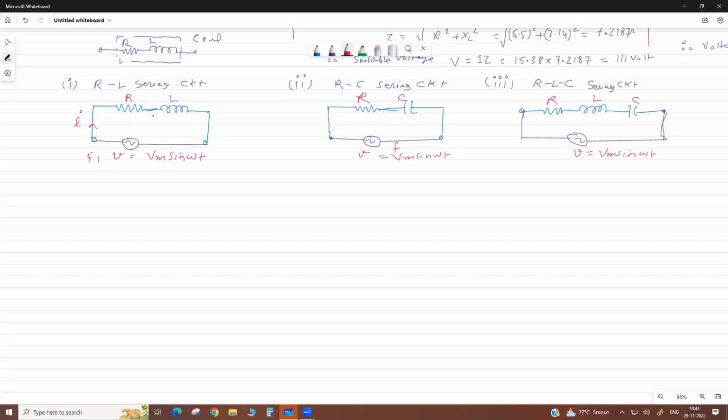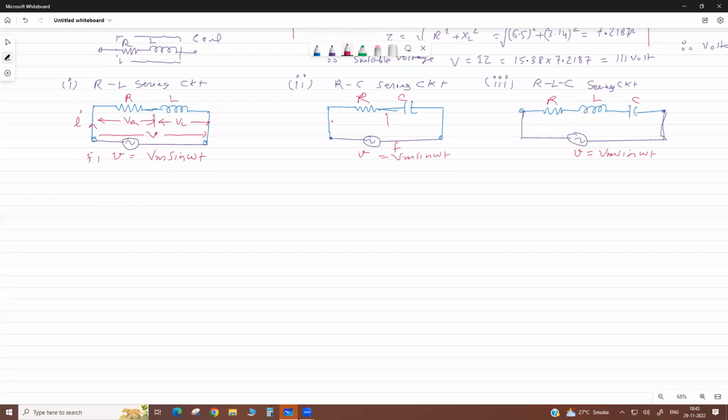Then it produces voltage drops in the circuit: the voltage across R, the drop across L. Then the total applied voltage is V, and here we always write the capital letter, it is the RMS value of the source voltage applied across the circuit.